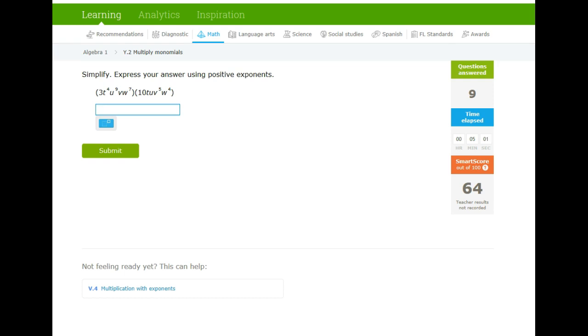This is a little bit more complex, but we keep the same idea. We multiply the 3 times the 10, which is 30. And now, because we have a bunch of variables here, let's start with t to the 4 and t to the 1, which is t to the 5. Then keep going with u. You have 9 powers, and you have 1 power here, so it's going to be u to the 9 plus 1, which is u to the 10.